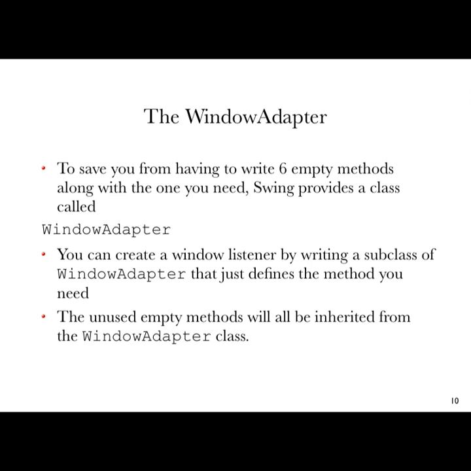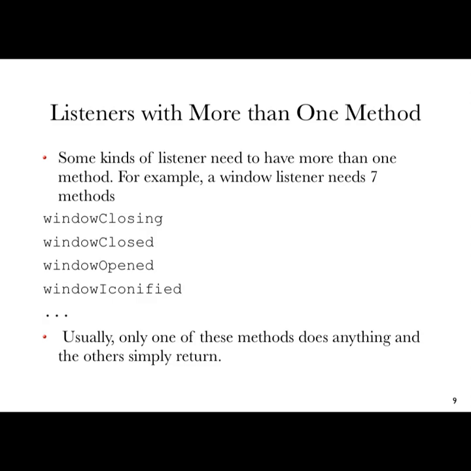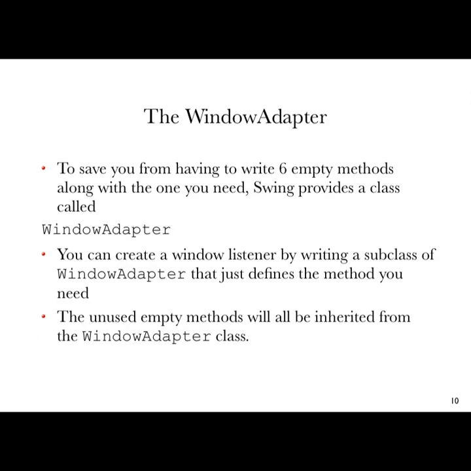It's very crude, really. All the WindowAdapter is doing is providing stubs for all these methods that just return, and so you override whichever ones you need for the particular task at hand. So that's that.